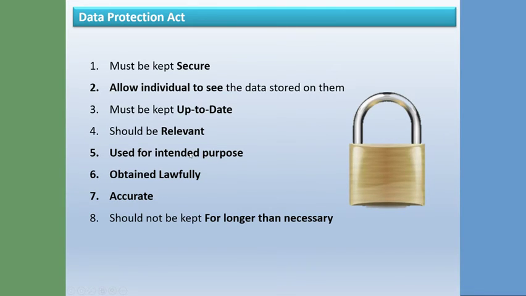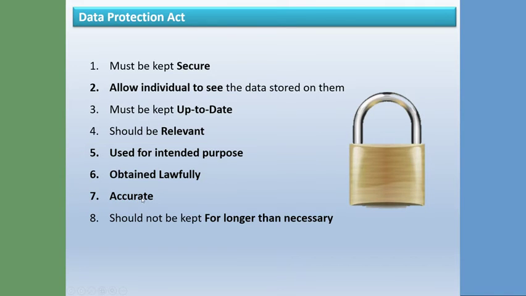It's the intended purpose. They must obtain that data lawfully. They cannot steal it. They cannot acquire it from criminal means. I have to provide that data to them, or I have to allow somebody else to give them that data. I have to lawfully let them obtain it. The data has to be accurate.